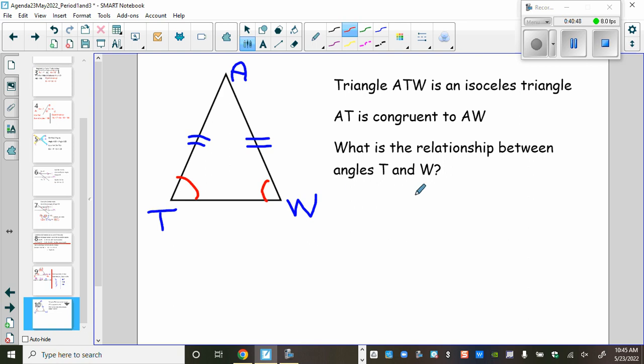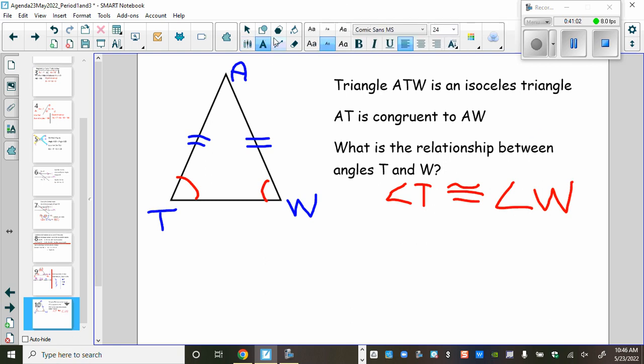They're also congruent. Angle T is going to be congruent to angle W.